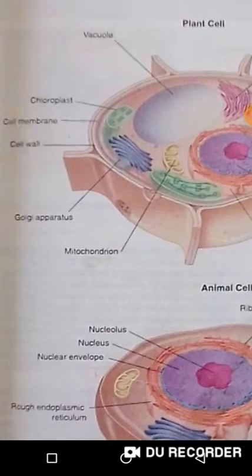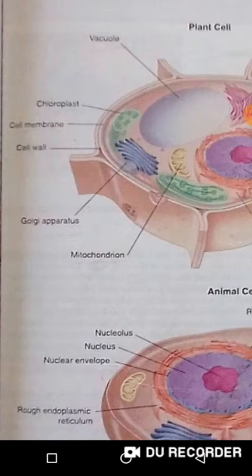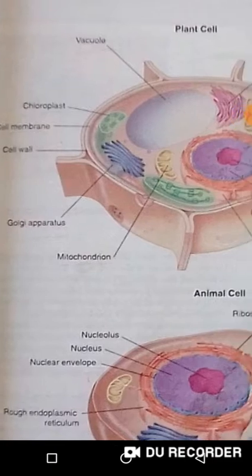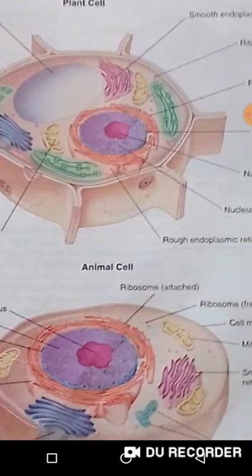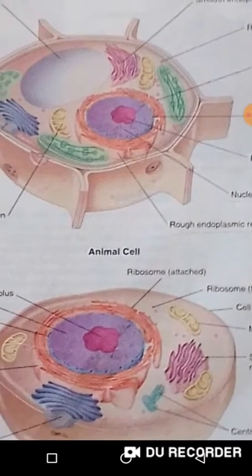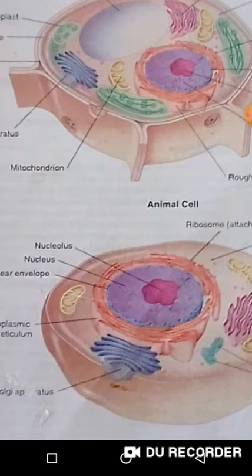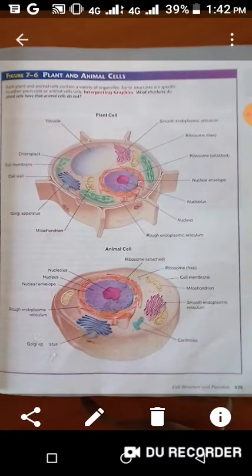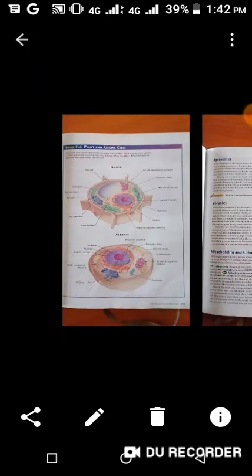A plant cell has a cell wall, chloroplast, and vacuole. These are the parts which exist in the plant cell only. Therefore, an animal cell doesn't have the mentioned parts. So very carefully, you should go through the parts of the cells.